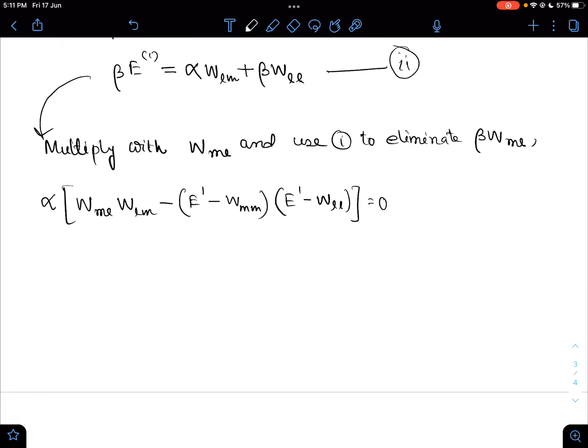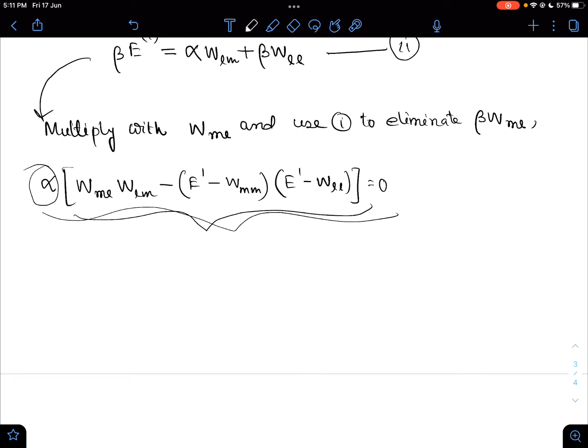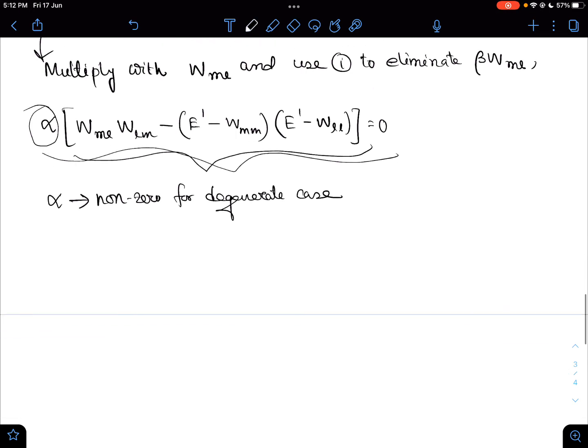Now this 0 means we have two possibilities: either alpha is 0 or this term is 0. For the degenerate case alpha is non-zero, so we must have this term to be 0.